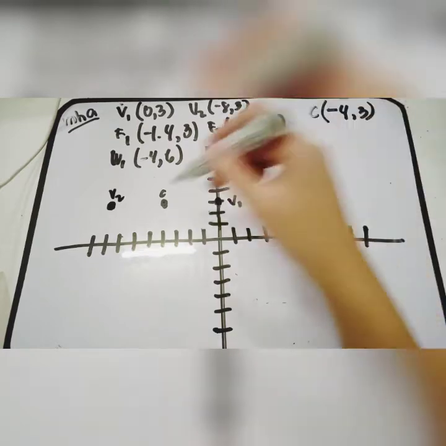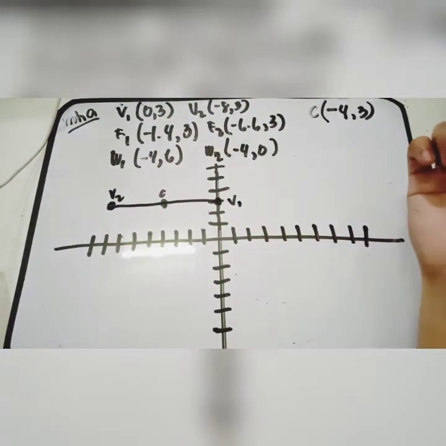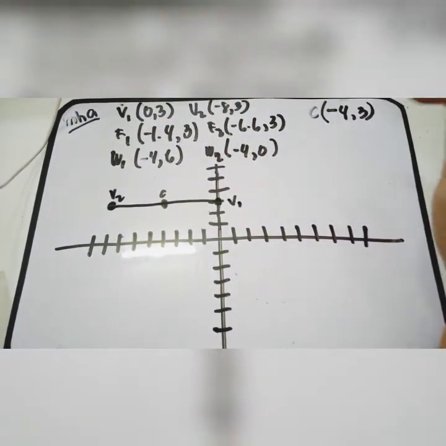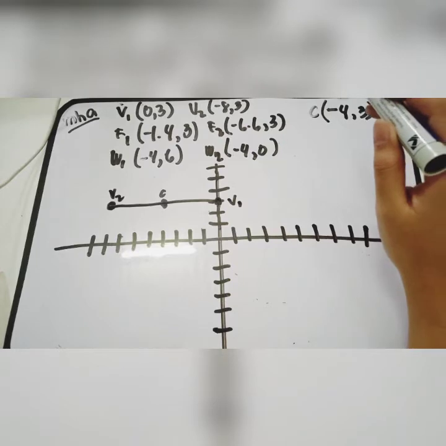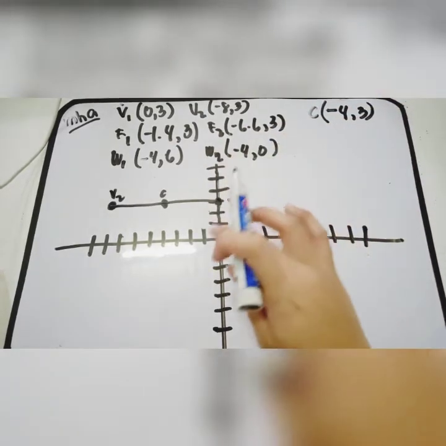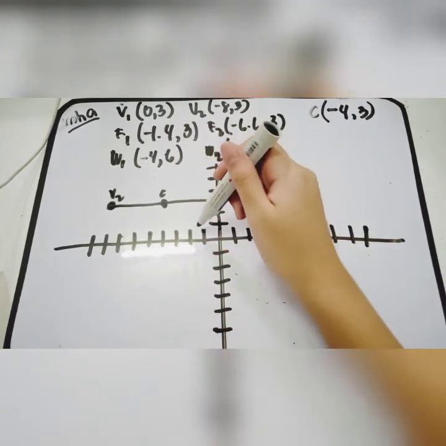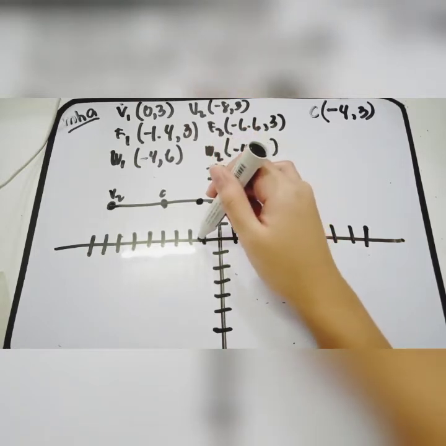Okay? Let's connect them. Now, let's locate the focus or the foci. So, the foci is negative 1.4 and then 3. So, negative 1.4 will be here. So, 1, it's just before the middle. Here. So, this is 1. This is 2.